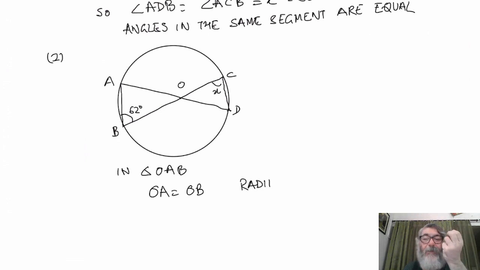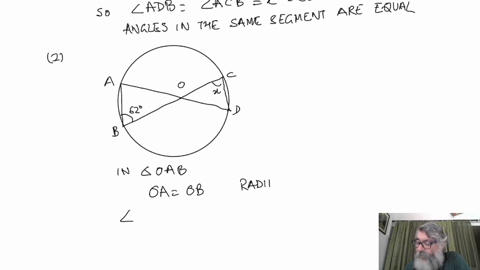So any point joined on the circumference to the center of the circle will give you the radius. A is any point on the circumference of the circle. We joined A to O, we get the radius. If I join B to the center of the circle, I'll get the radius. So OA and OB are equal, so triangle OAB is an isosceles triangle.